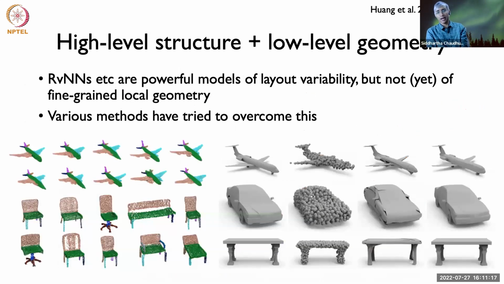Okay, so summarizing, we talked about some ways to process the structural graphs of shapes in order to predict the high-level layouts of parts and the attributes associated with these parts.